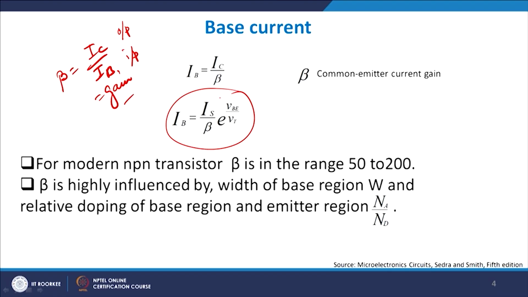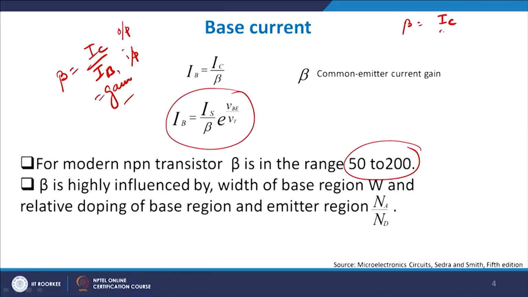Typically, current modern NPN transistors have beta in the range of 50 to 200. This range depends upon many factors. Apart from the material of the device, it also depends upon the type of doping and the level of doping which has been done on the device.